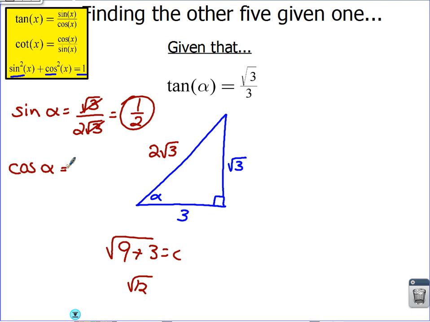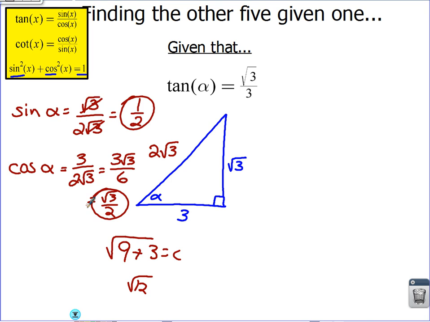Cosine of alpha is adjacent over hypotenuse, which would be 3 over 2 root 3. We multiply top and bottom by root 3. So on top you now have 3 root 3. On bottom you have 2 times root 3 times root 3, which would be 6, which is root 3 over 2. So that's sine, cosine. We already have tangent.